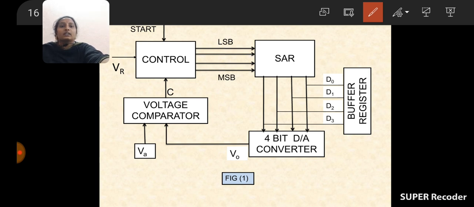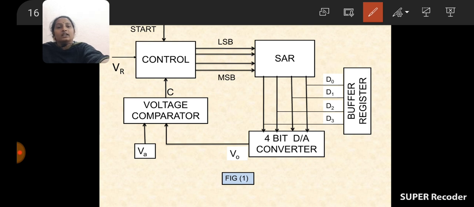Now the start button will be activated and it will allow the voltage to the counter, and it will produce binary bits. Now the successive approximation register will feed it into the D2A converter and outputs. Here this controller is simply like a counter type in our AND gates.